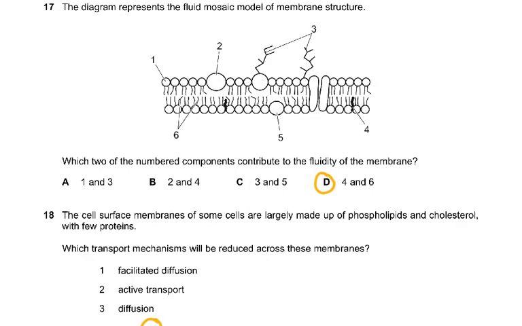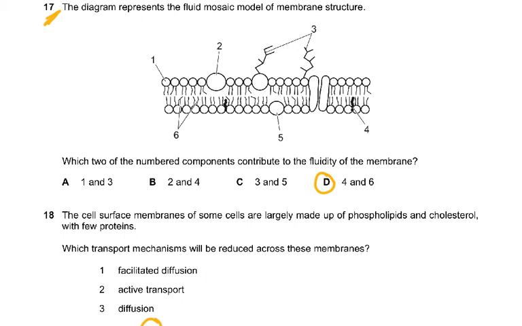Then we come to question number 17. Now, if you look at question number 17, the diagram presents the fluid mosaic model of membrane structure. Which two of the numbered components contribute to the fluidity of the membrane? And the answer to this was 4 and 6.